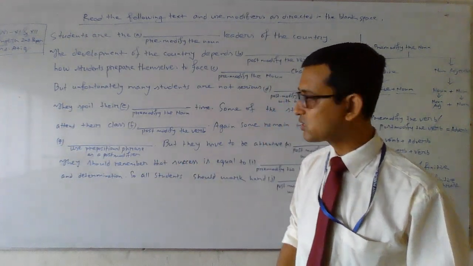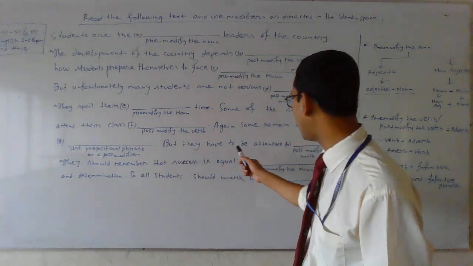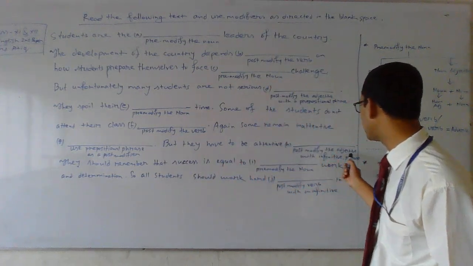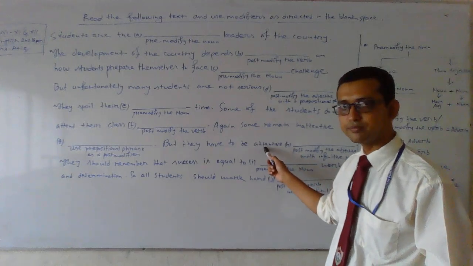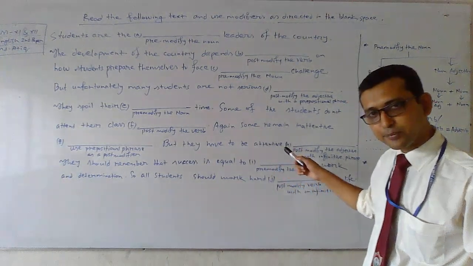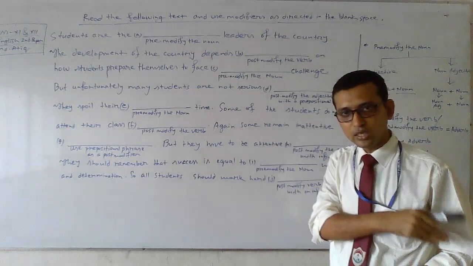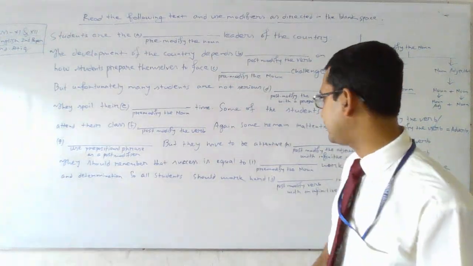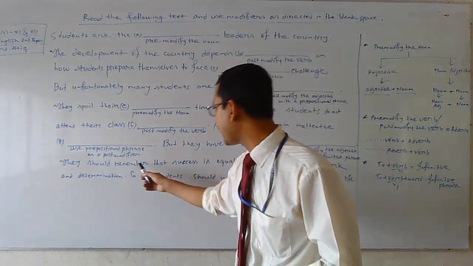Again, you are instructed to use a prepositional phrase, but they have to be attentive. Post-modify the adjective with an infinitive phrase. This is the adjective, and it can be modified with an infinitive phrase. What is an infinitive phrase? We will try to analyze it later on. And this is the full stop that they should remember.